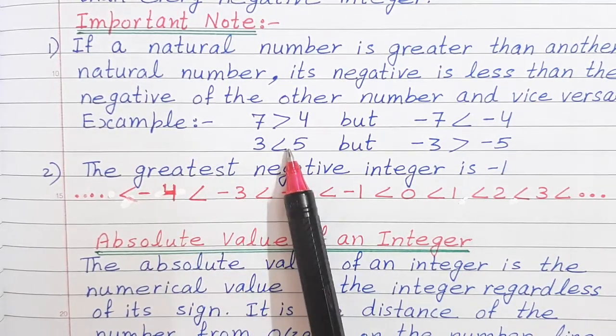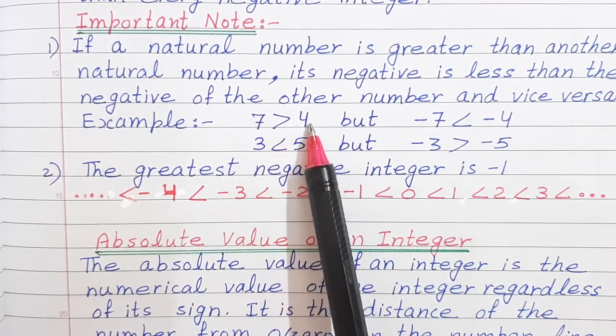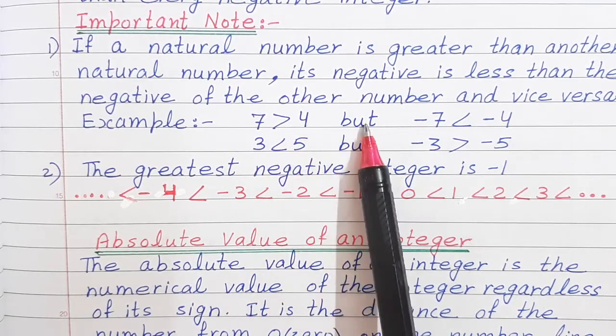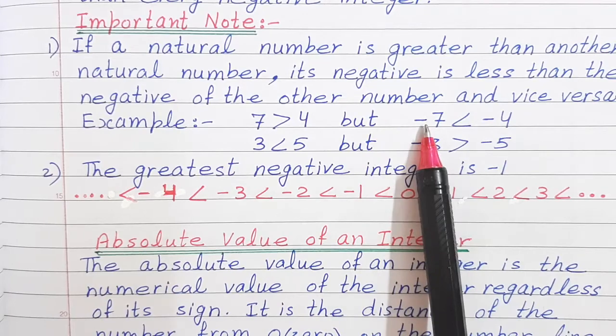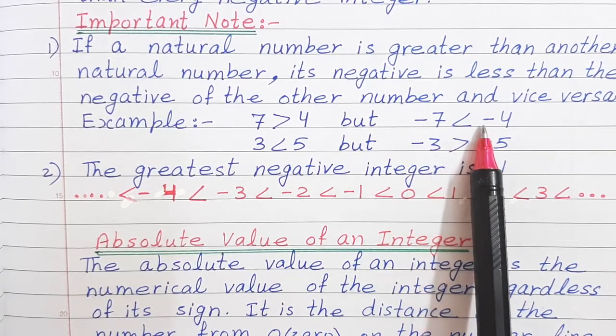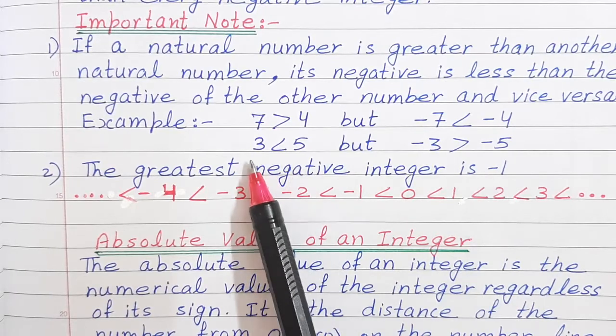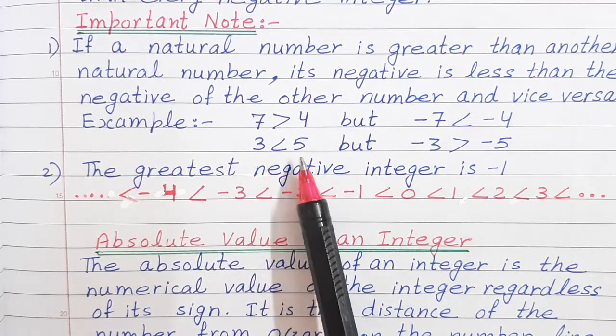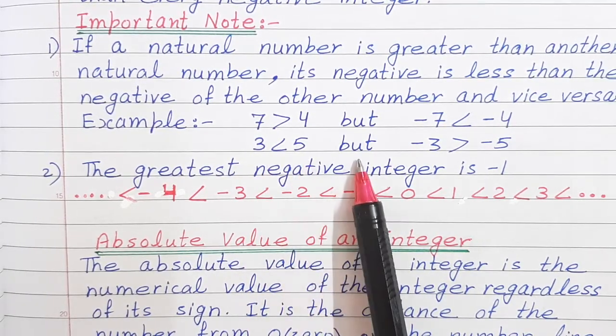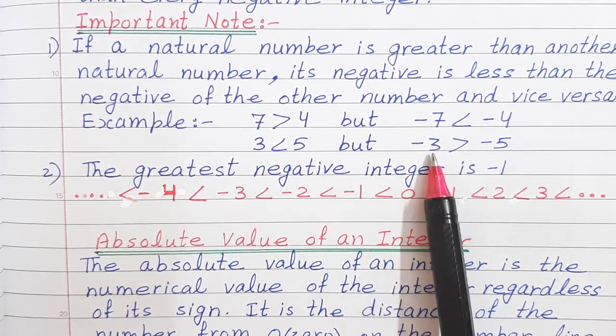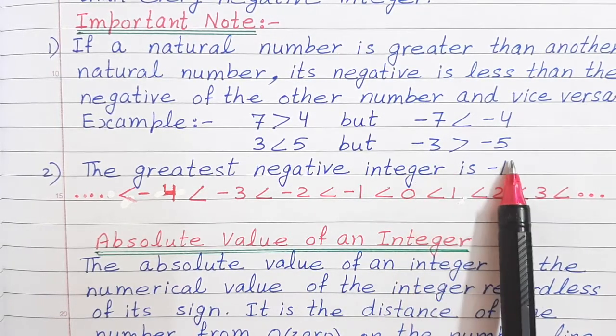Students, you know that 7 is greater than 4, but minus 7 is less than minus 4. Similarly, 3 is less than 5, but minus 3 is greater than minus 5, right?